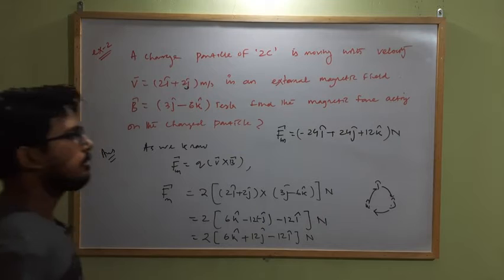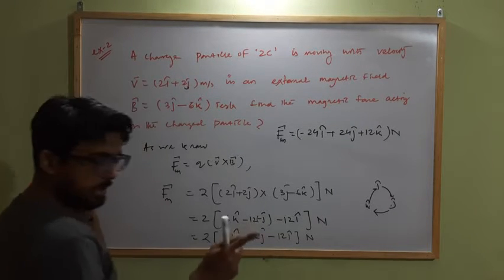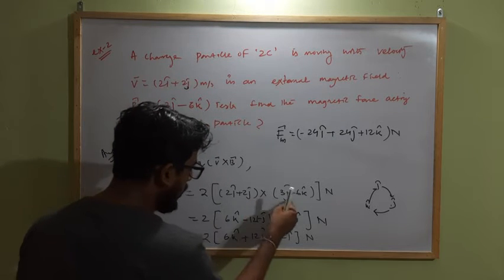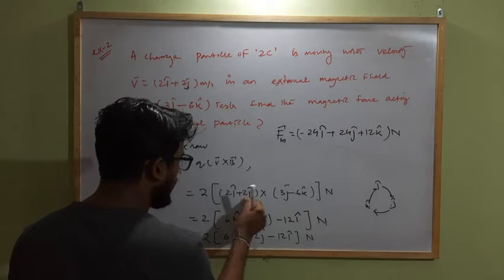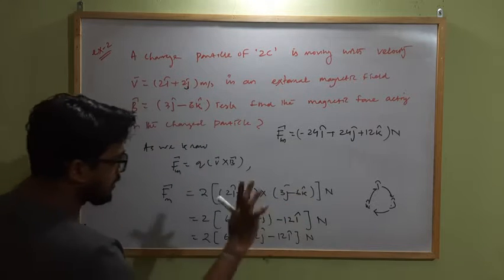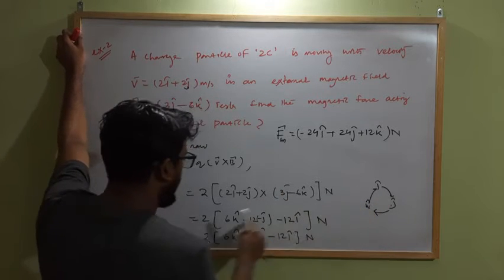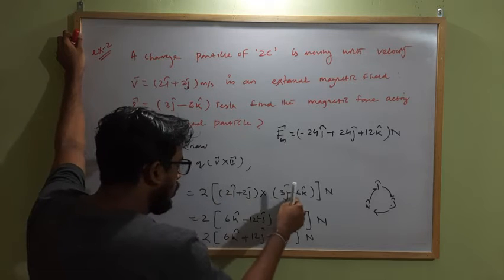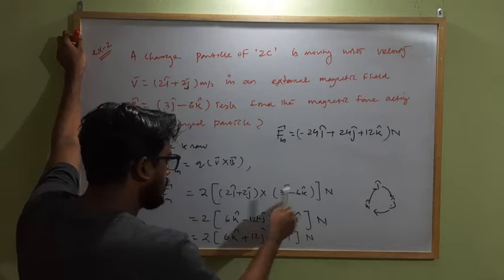This is the expression for the net magnetic force acting on the charge. Okay, you understood? This cross this, so I can cross 2i cap plus 3j cap minus 6k cap with 2j cap plus 3j cap minus 6k cap. So i cross j will be how much? i cross j will be k, so 2 cross 3 gives 6k cap, then 2 cross minus 6k cap, so 2 into 6, minus 12.